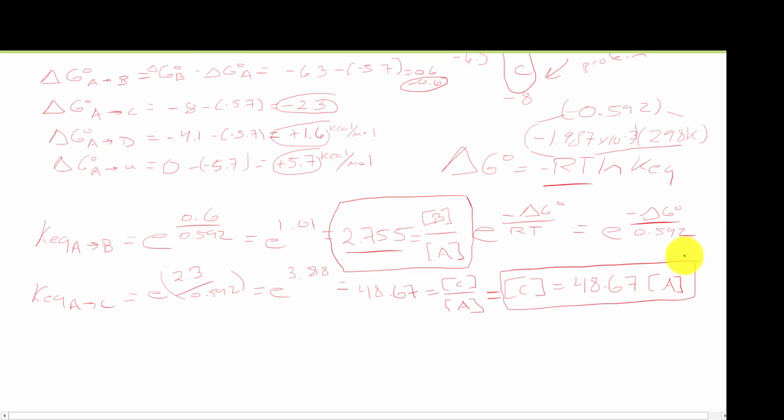We can do the same thing up here for B. B is equal to 2.755 times A. Okay, so let's do D. KEQ A to D is equal to E to the negative 1.6 over 0.592.